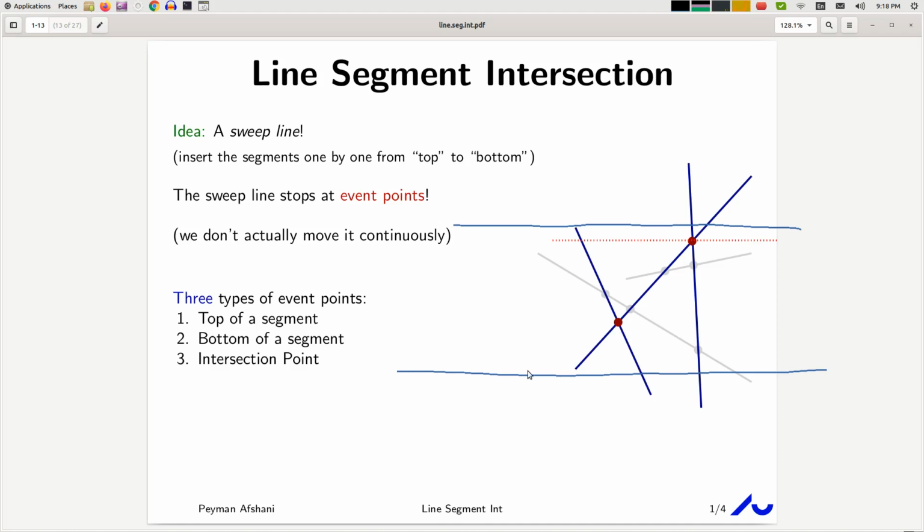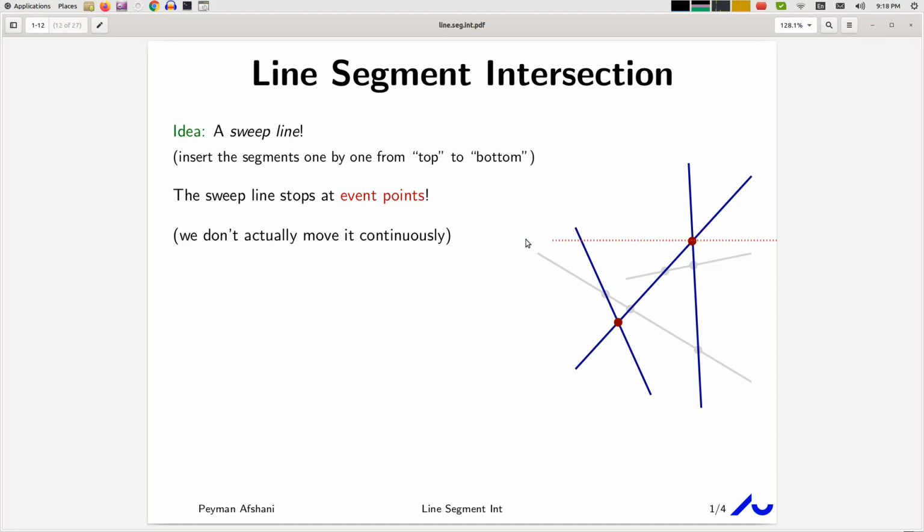There is also another event point, and that is when the sweep line reaches an intersection point, we also need to do something. But to observe that, we need to know a little bit more about the sweep line algorithm. But have this in mind. And overall, throughout this entire sweep line algorithm, we maintain a particular invariant.